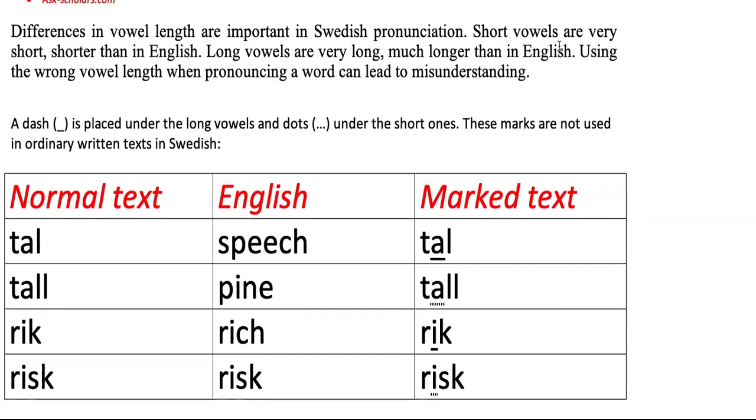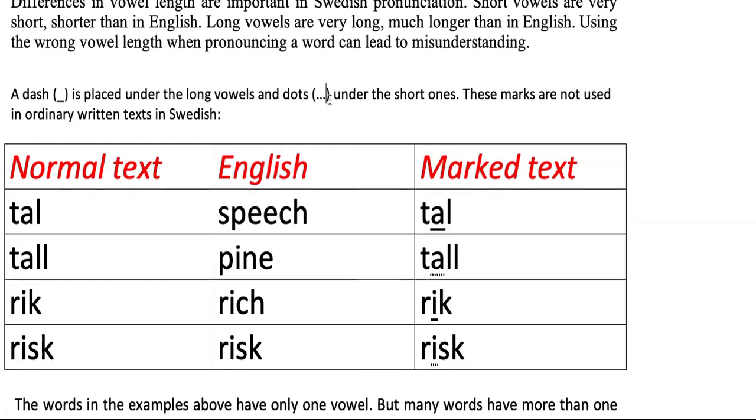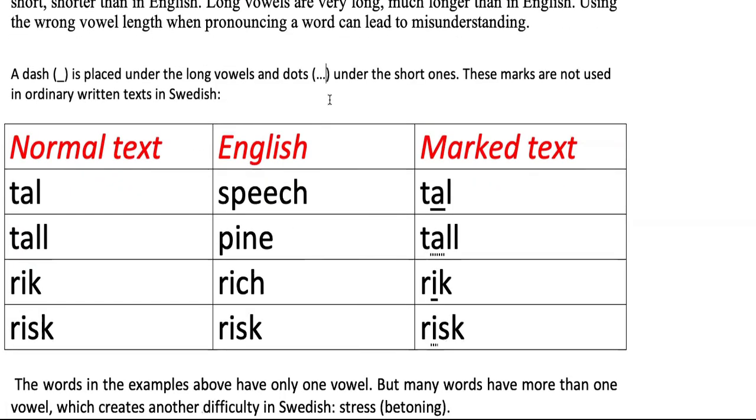Here we have placed a dash under the long vowels and dots under the short vowels. Normally we do not use these marks in text in the Swedish language, but here we have used them just to get a better understanding.